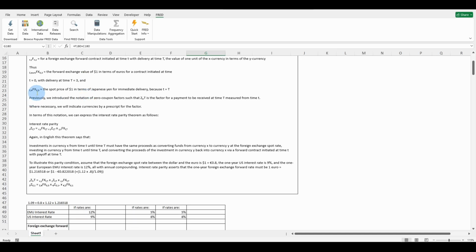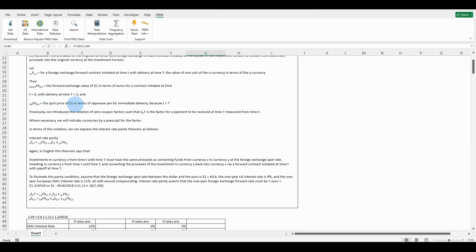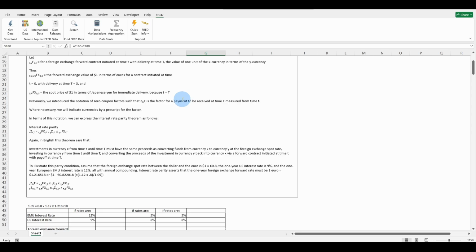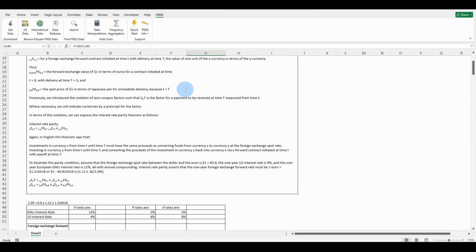And S looks like yen, the spot price, $1 in terms of yen for immediate delivery because t is equal to capital T. Previously, we introduced the notation of zero coupon factors such that Z of t, T is the factor for payment to be received at time T measured from time t.